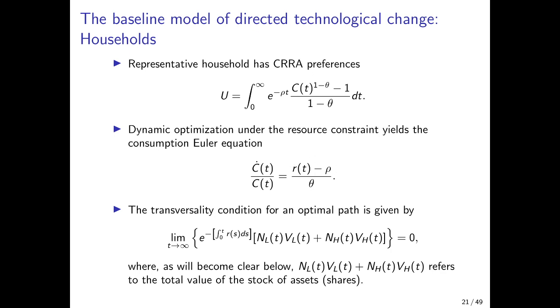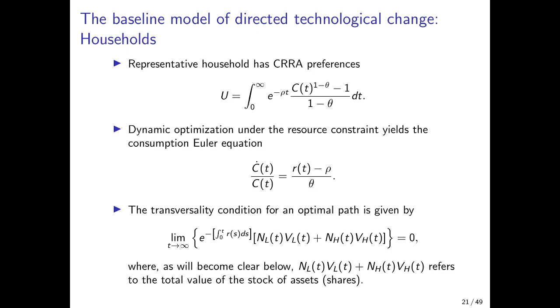We also have seen this already in many of the courses, but just to repeat it here for those who only watch this video, we have consumption growth, optimal consumption expenditure growth, on the left-hand side. That's the time derivative of consumption divided by the level of consumption. That's consumption growth. It's the difference between the interest rate and the time preference rate, because if the interest rate is high and I'm rather patient, then this would be positive, meaning that I would want to consume more in the future and less today.